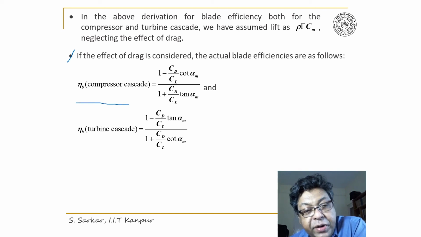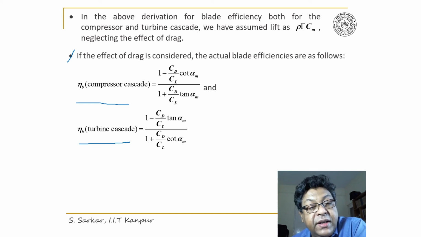Eta b for the compressor is equal to 1 minus CD by CL into cot alpha m divided by 1 plus CD by CL into tan alpha m, while the eta b for the turbine cascade would be 1 minus CD by CL tan alpha m divided by 1 plus CD by CL into cot alpha m.